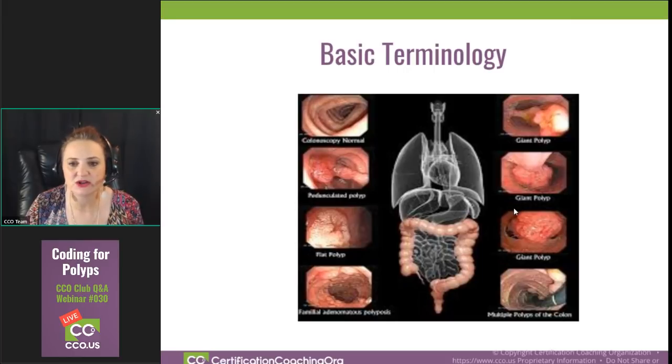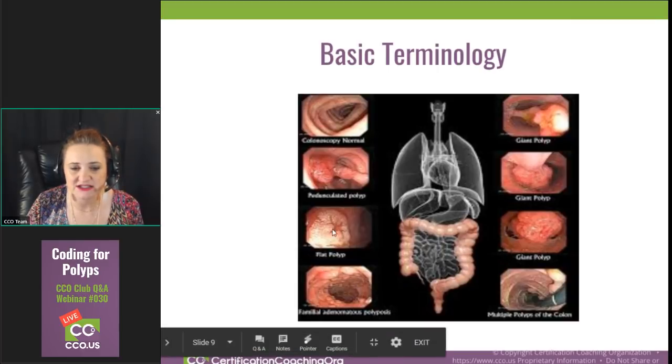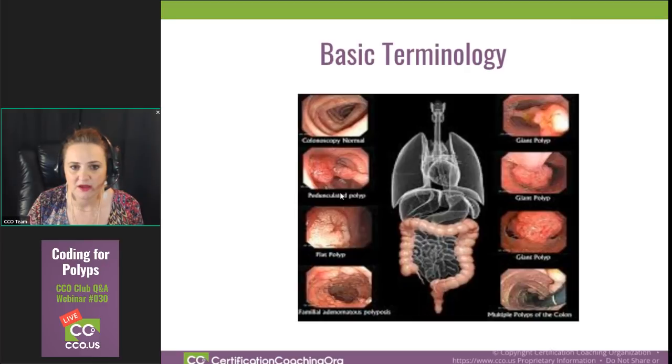So this is a little harder to see. I've got it marked in the resources, so you can go out and Google image this. This was off of a slide share. And this one just says giant polyp, okay? And this is a flat polyp over here, okay?